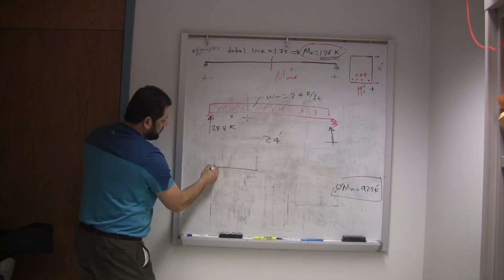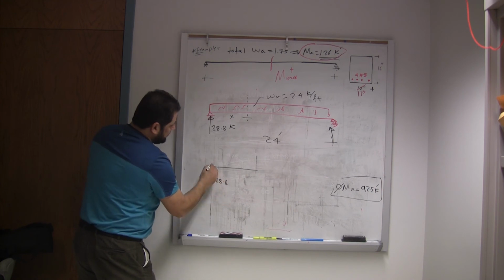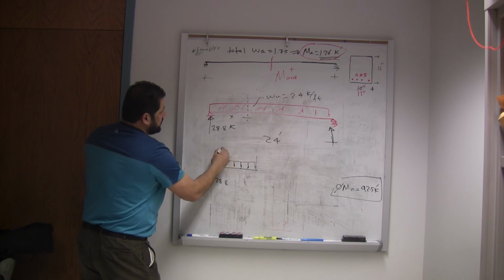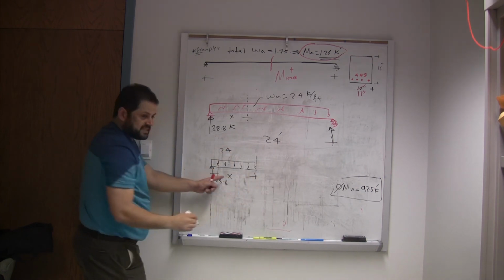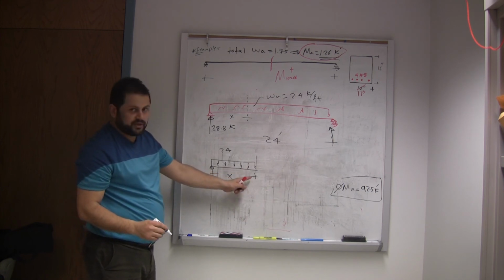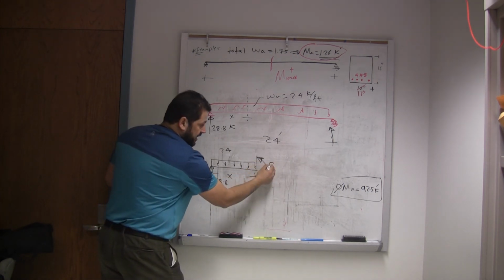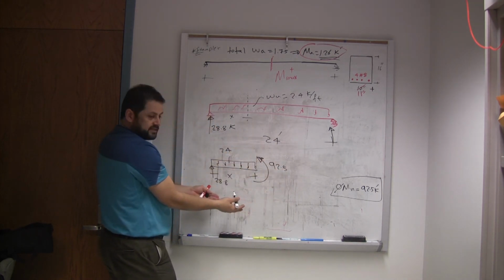Your cut will look like this. That's your reaction, and this is your loading, 2.4. And this distance x is what you're looking for. This is the distance when the moment becomes 92.5. So your moment is 92.5. Why am I drawing it this way? Because it's a positive moment.